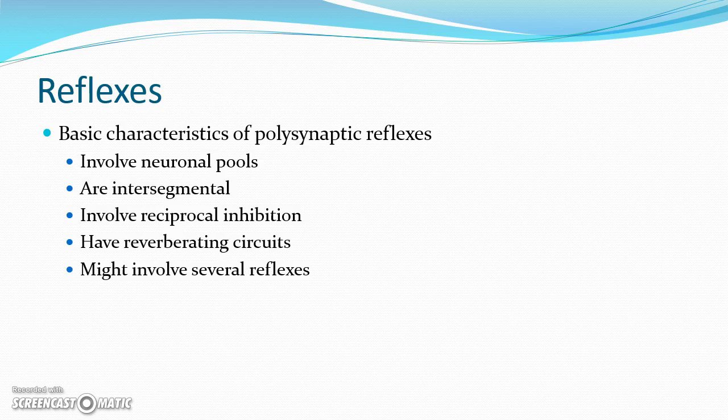They involve reciprocal inhibition, as seen in the flexor and crossed extensor reflexes. They have reverberating circuits, so that the response is maintained for a period of time even after the stimulus has faded. And polysynaptic reflexes can involve several reflexes, again as seen in the withdrawal and crossed extensor reflexes.